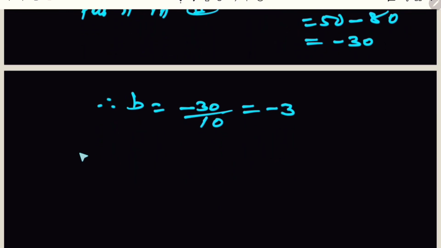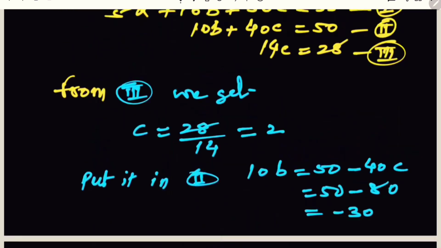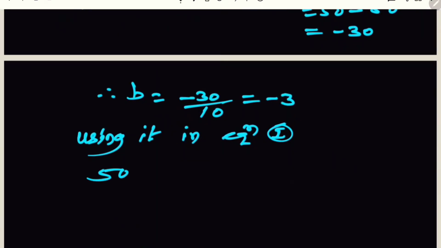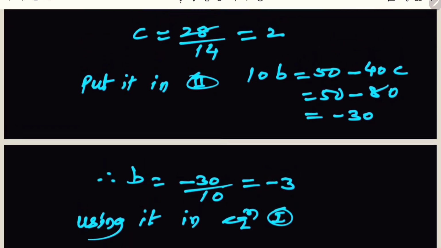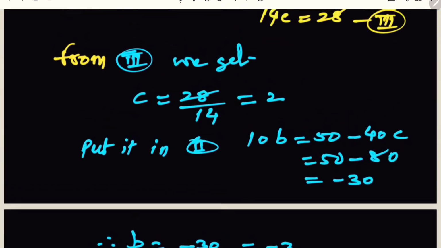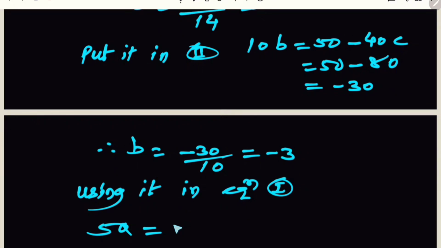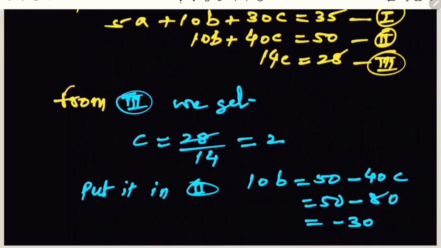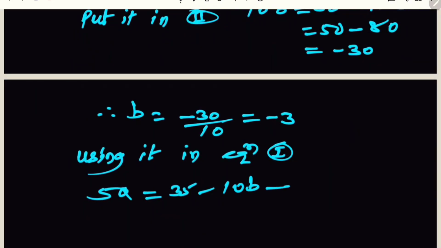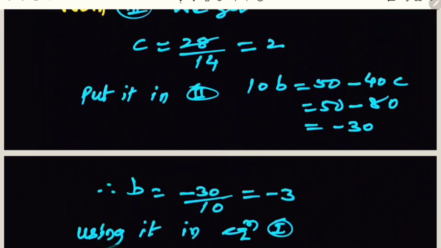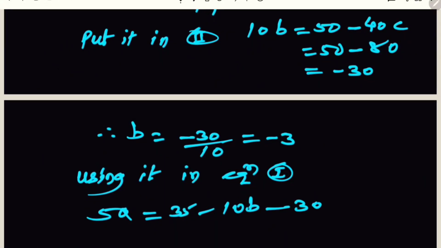And then substituting these two values of b and c in equation 1, we can determine the value for A. 5A is equal to the term on the right hand side, 35 minus 10B minus 30C.